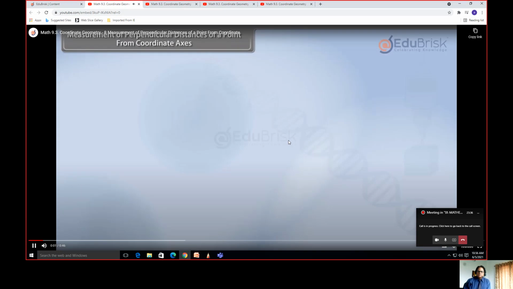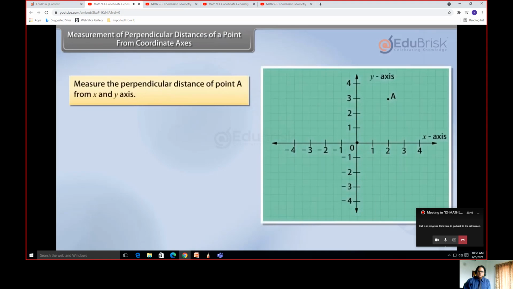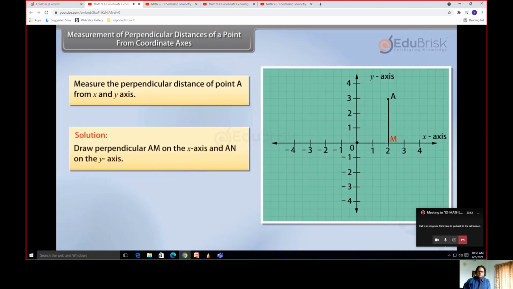Measurement of perpendicular distances of a point from coordinate axes. Let us now learn how to measure the perpendicular distance of a point from the coordinate axes. Measure the perpendicular distance of a point A from the x and y axes. Solution: Draw perpendicular AM on the x-axis and AN on the y-axis.